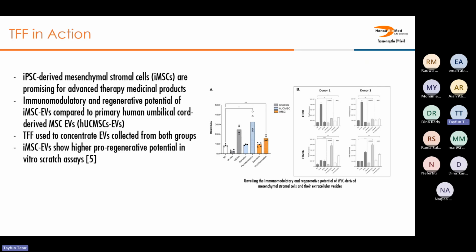And here tangential flow filtration cartridges are used to concentrate EVs collected from both groups, and then the comparison is performed in order to compare the immunomodulatory and regenerative potential of these two groups in in vitro models. And through these models, it was demonstrated by these researchers that induced pluripotent stem cells demonstrate higher pro-regenerative potential through in vitro scratch assays.